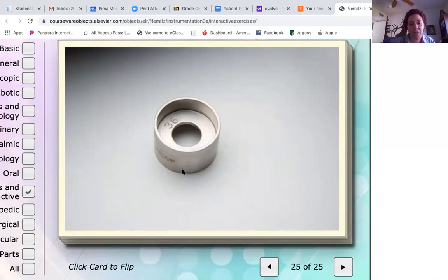It has little ridges on the bottom here. Maybe you can see those little lines. But again, the nipple is going to be put centered in this opening here, and the surgeon's going to press it down onto the skin, and then when he or she takes it away, it's going to leave an imprint, and then that's going to be their initial incision.